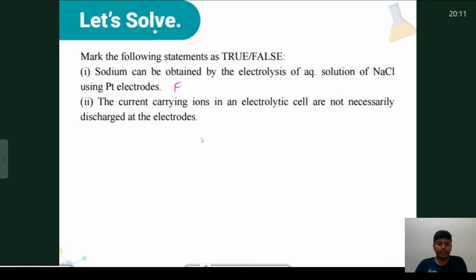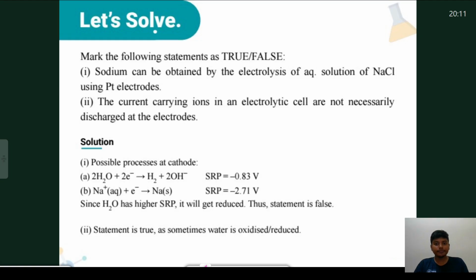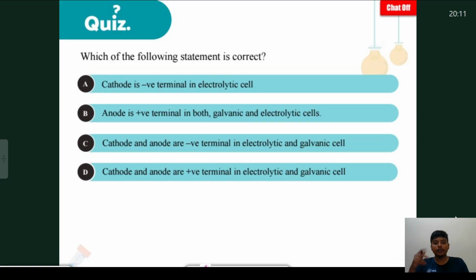Yes, not necessary. H plus is there, Na plus is there. H plus will get discharged, but Na plus, though present as ions, is not necessarily discharged. Yes or no? So it is false. Next, go ahead.